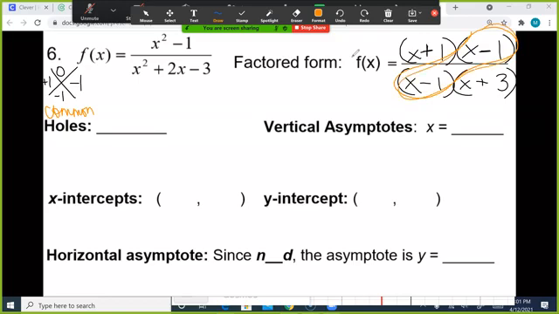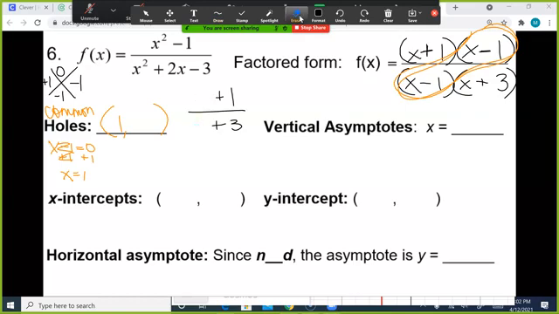So that means my hole is at that positive 1. Again, you're setting it equal to 0 and solving for x, add 1. But that's only the x coordinate. To get the y, you take that number and you plug it into whatever is left. So I have x plus 1 in the numerator and x plus 3 in the denominator.